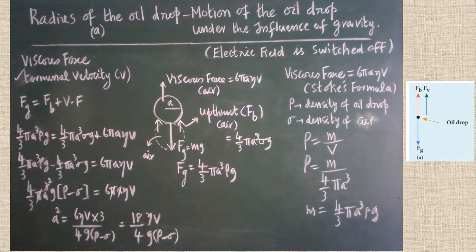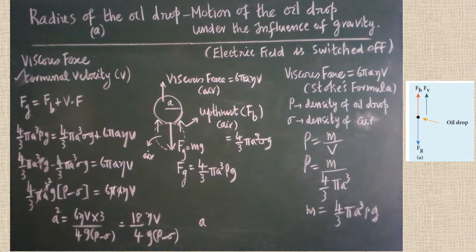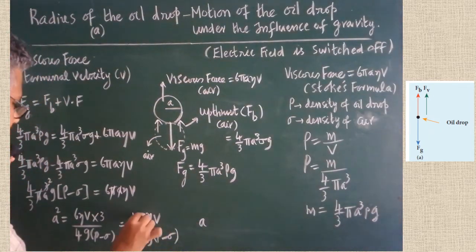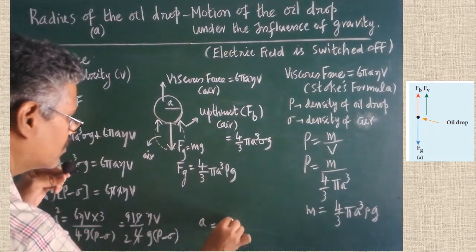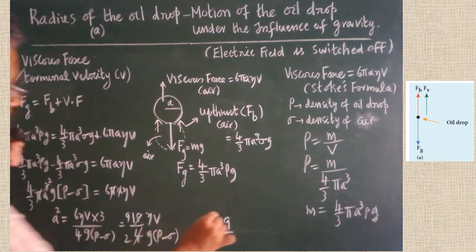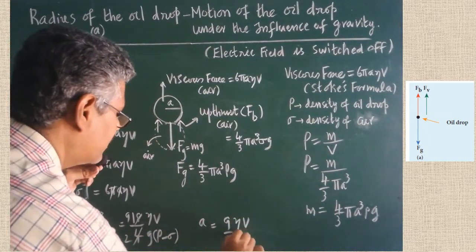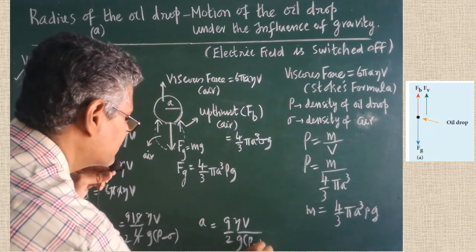We need a, so take the square root on both sides. You will get 9 by 2. a squared is equal to 9/2 eta v divided by g rho minus sigma.